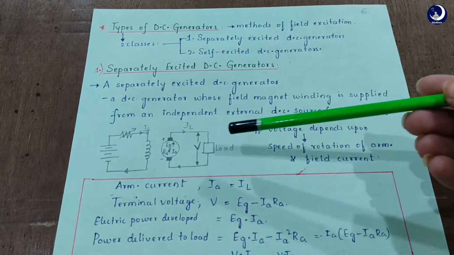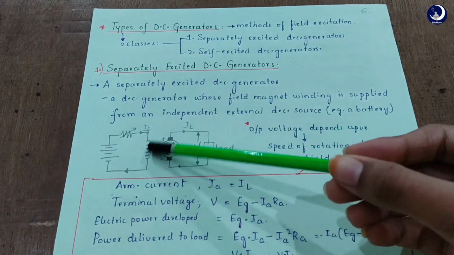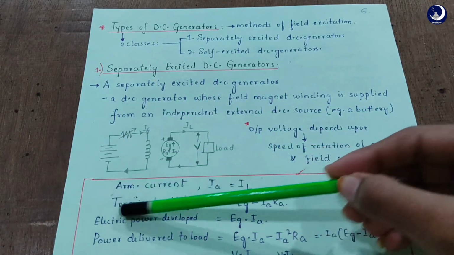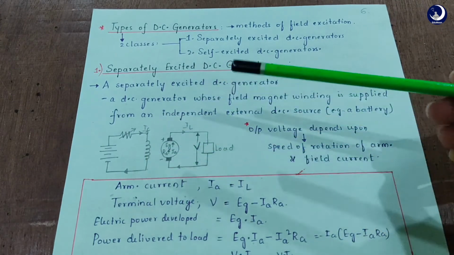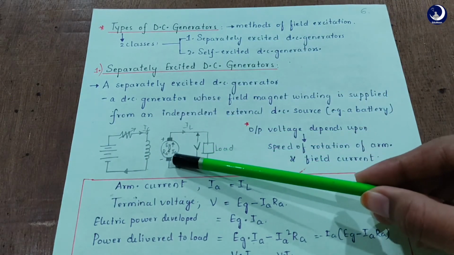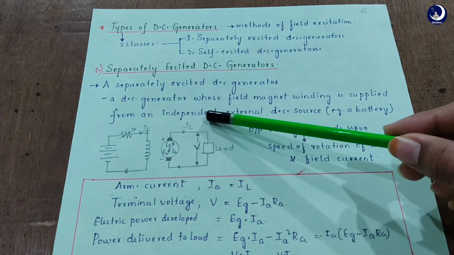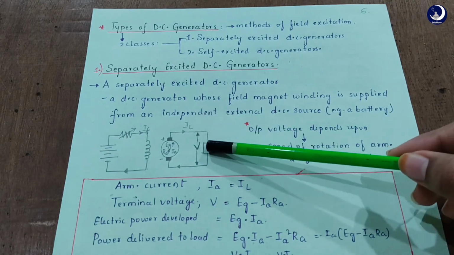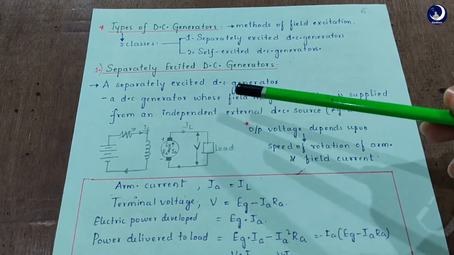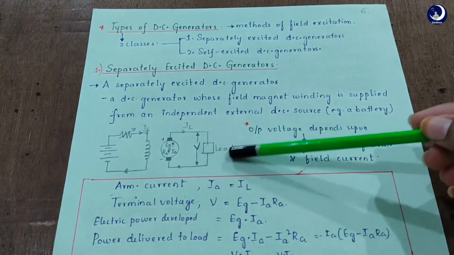If you look at this circuit here, it is externally supplied. Here Eg is the generated EMF, Ra is the armature resistance, Ia is the armature current, IL is the load current, V is the terminal voltage between the terminals of the load. Here this is the load.